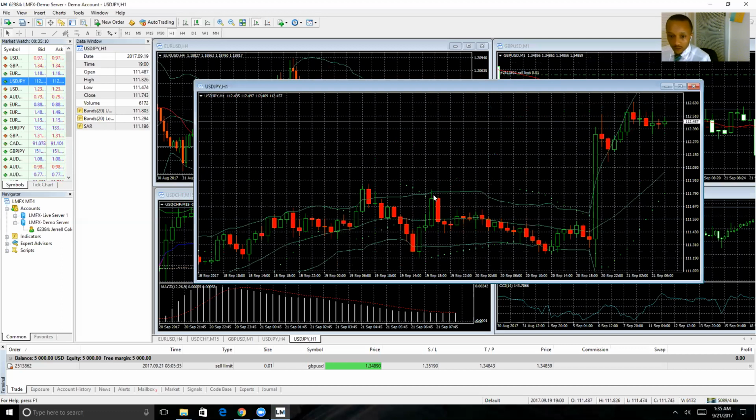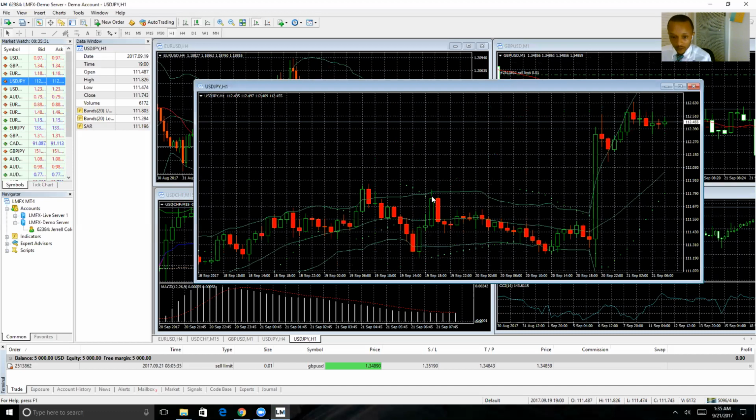Now when you see a long shadow at the bottom of a candle, it usually means that a price rise is coming because it has hit support and started to come back up in that time frame.